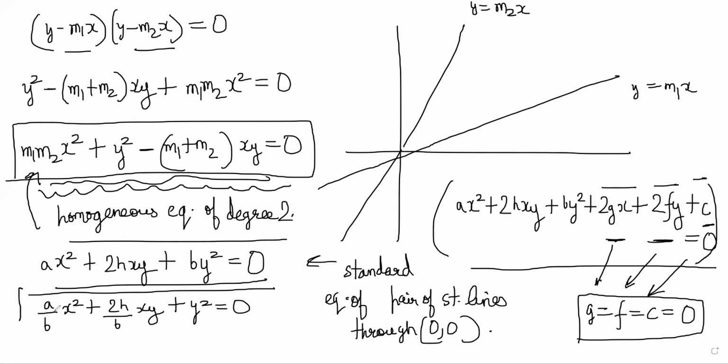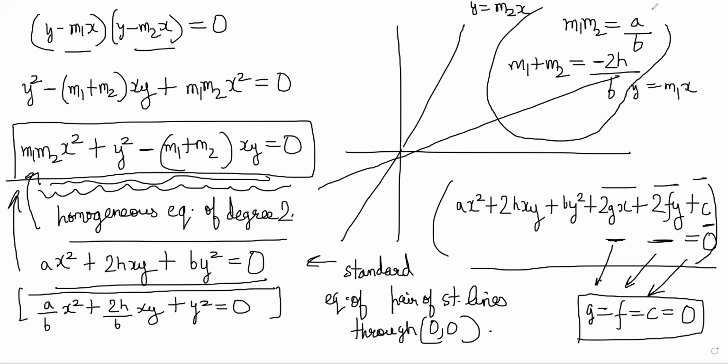And this equation represents a pair of straight lines, and comparing these two, we can say that m1 m2 should be equal to a/b, and m1 + m2 should be equal to -2h/b. This is a very useful fact, because as soon as you have an equation that looks like this, automatically you know the slopes of the lines involved: m1 m2 is a/b and m1 + m2 is -2h/b.